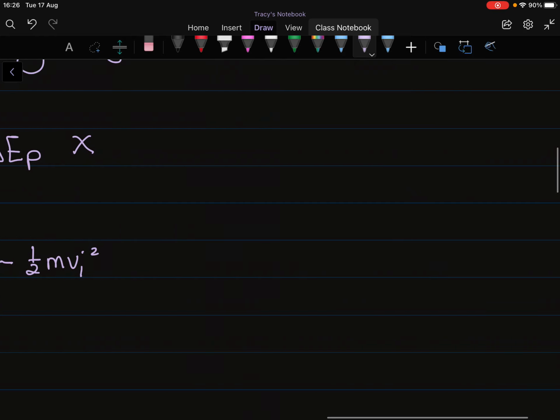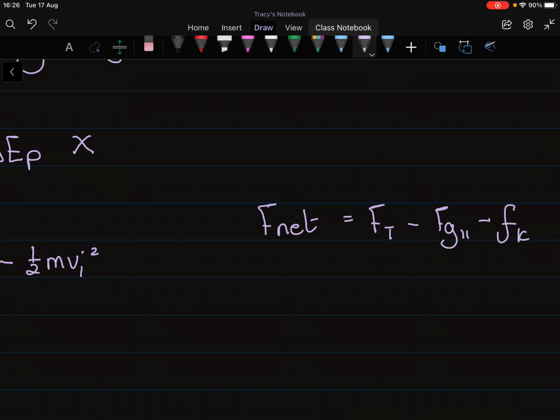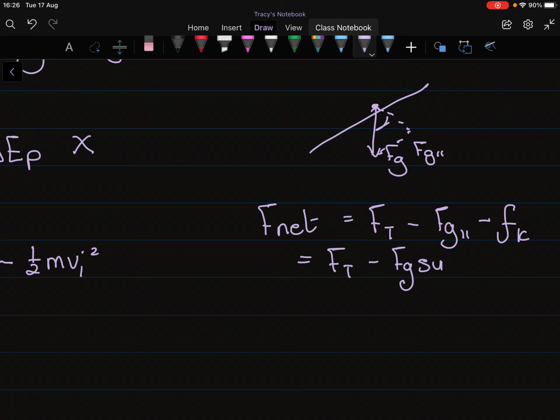So F net would be my tension force minus Fg parallel, because that's going to act down the slope, minus kinetic friction. So remember, we've got my object. Here's my slope. There's Fg. If I do my triangle, Fg parallel is opposite my angle, so this becomes Ft minus Fg sine theta minus Fk.